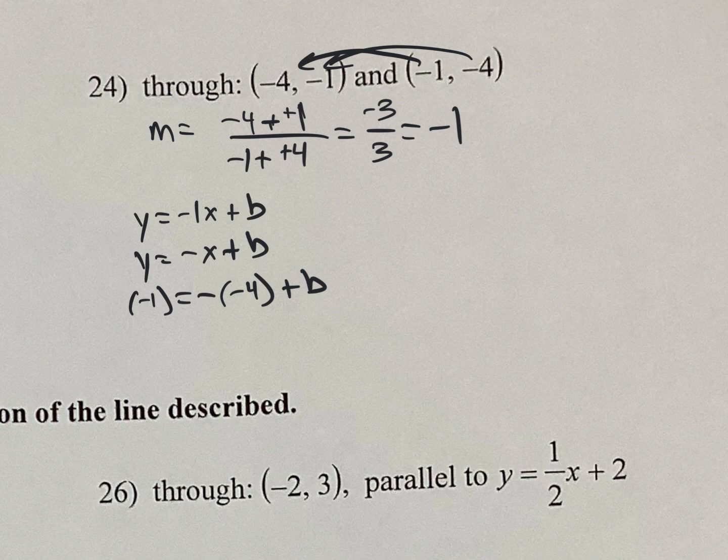So you have a negative times a negative 4, which is positive 4. So now we're going to move it to the other side by subtracting it. So negative 1 minus 4, that's negative 5. Rewrite the equation, y equals negative x minus 5.